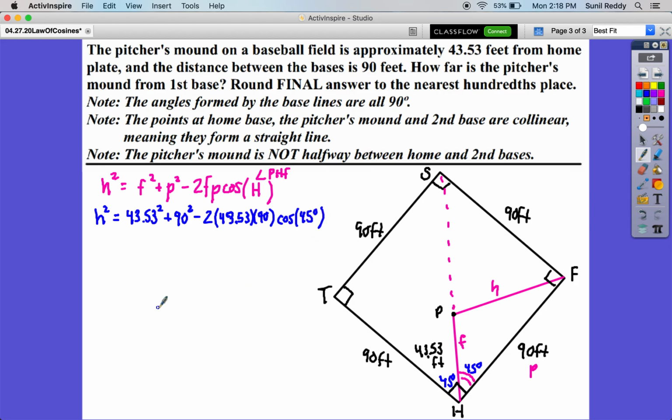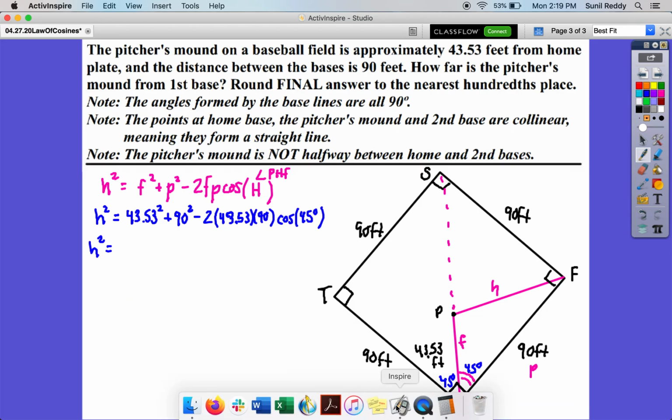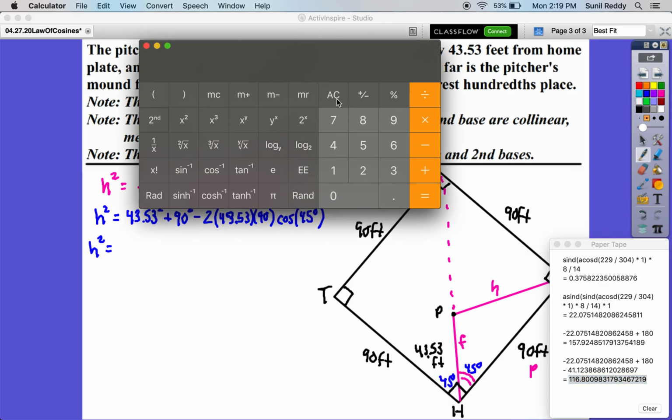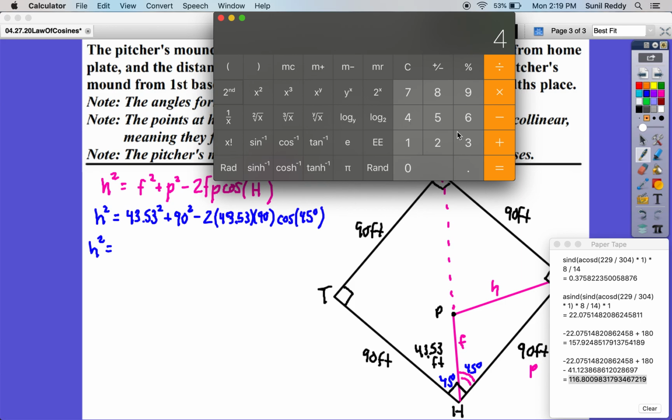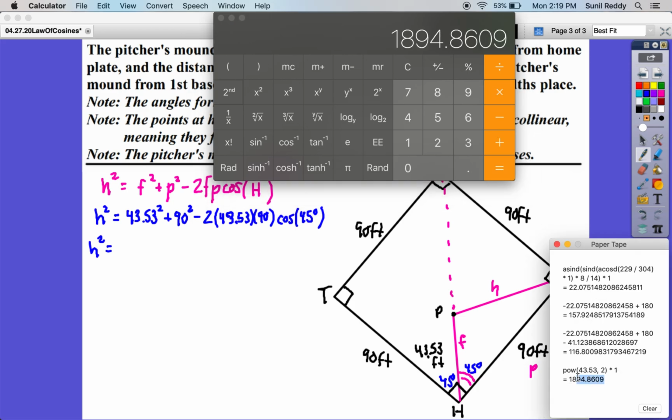So now all I'm doing is simplifying this with my calculator. So putting that stuff in, 43.53 when I square it gives this 1894.8609 number.